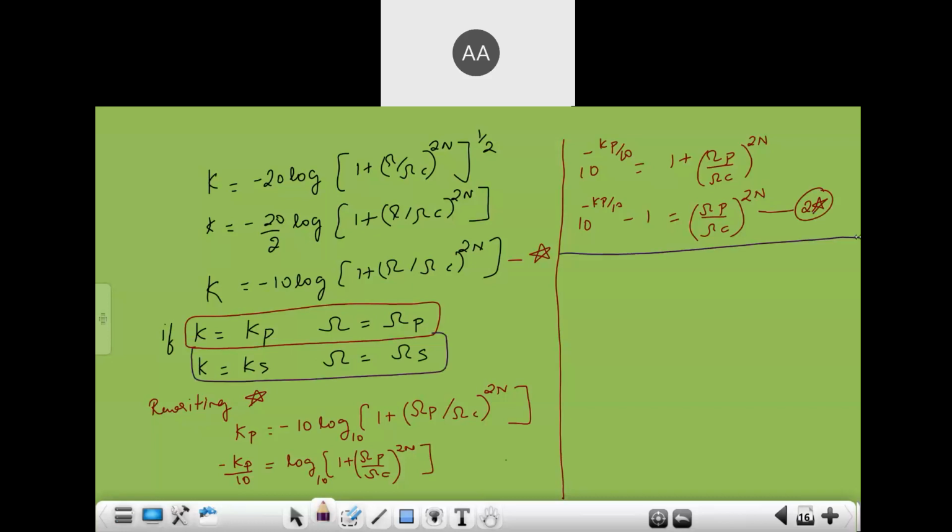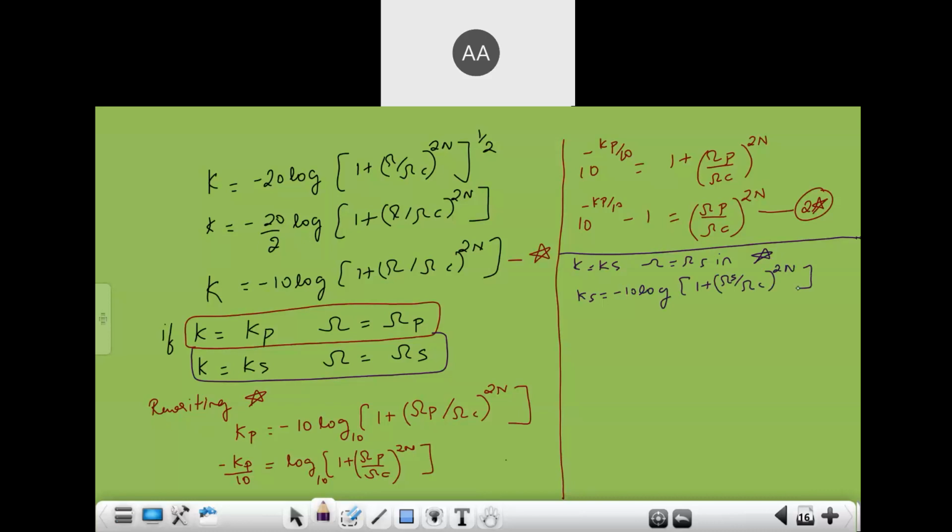Similar to this one, I'll put K is equal to Ks, then omega becomes omega S in equation star. So what happens to that? Ks will be equal to minus 10 log of 1 plus omega S by omega C, whole thing to the power 2n.